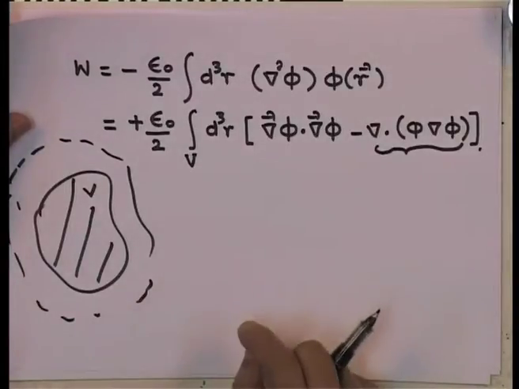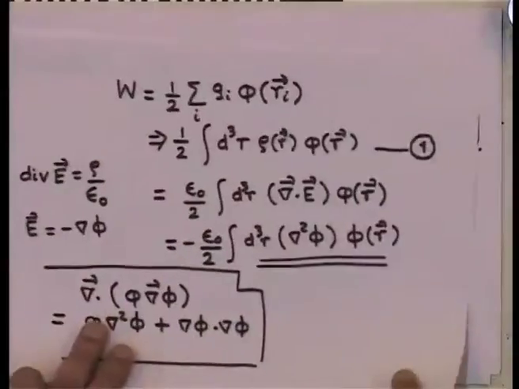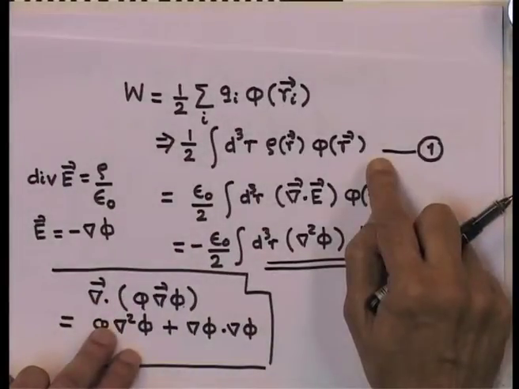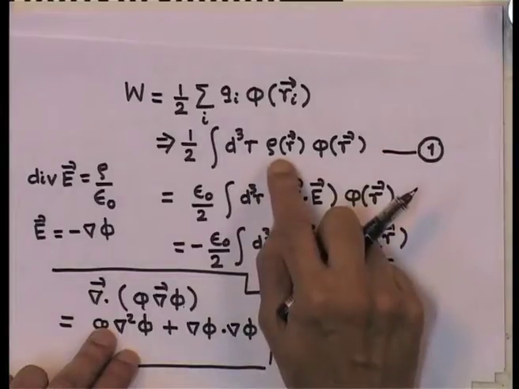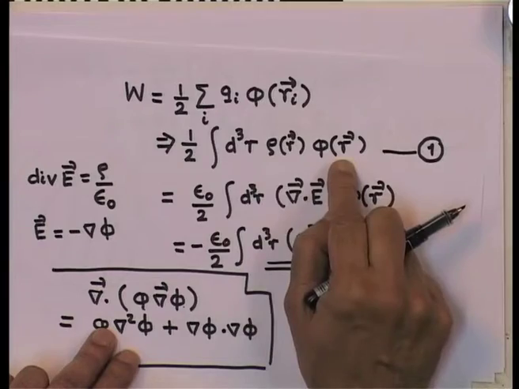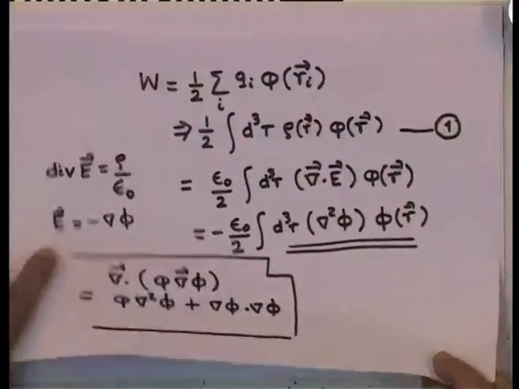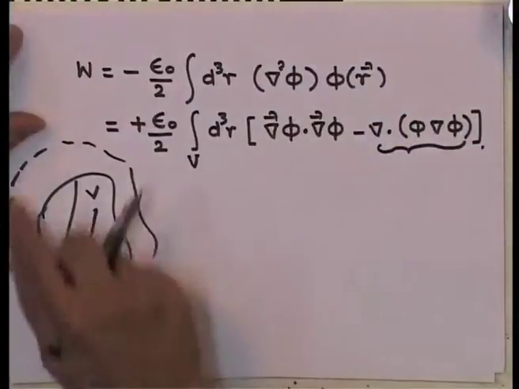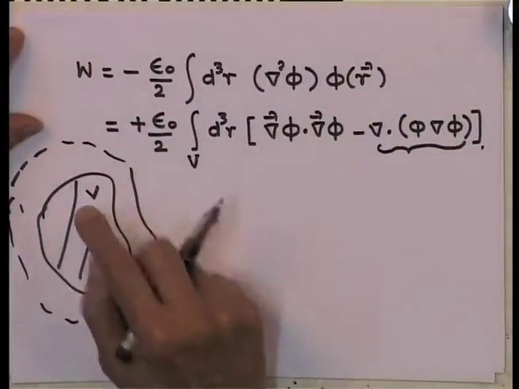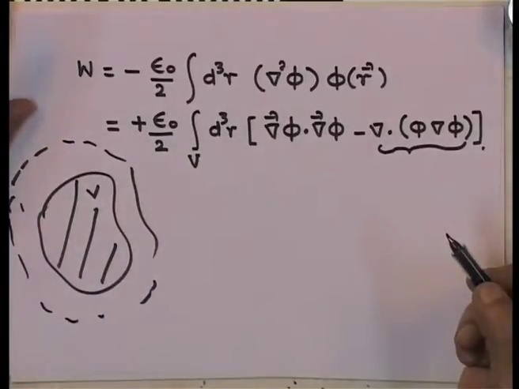The reason why I could do that is because if you look at this expression here, number 1, you notice that it is a product of rho with the potential. And if I take the region to be expanded like this, in the intervening region there is no charge density, rho is 0.